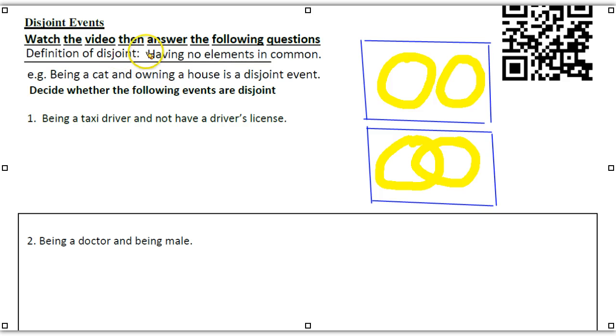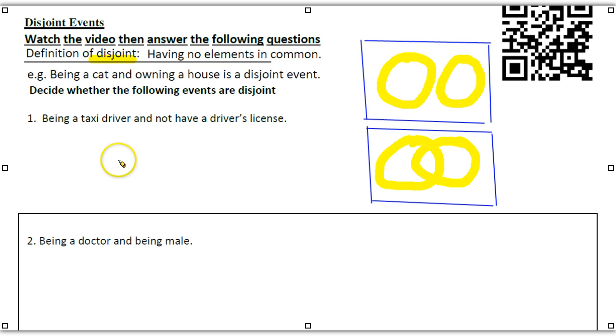So for page 93 now, we're wondering whether these would be a disjoint set, like so, or not. So being a taxi driver and not have a driver's license.